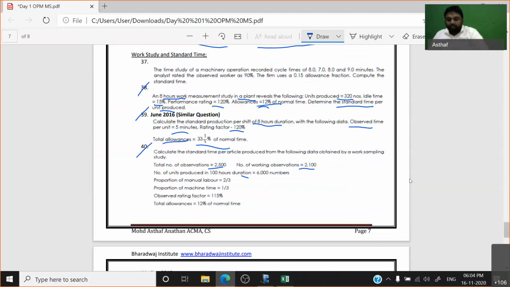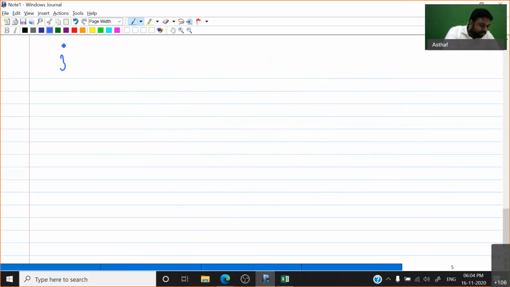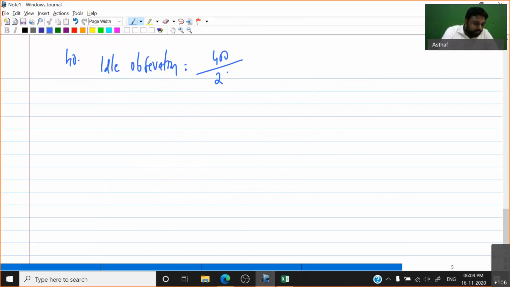First, what is the idle observation? The idle observation equals 400 out of 2500 into 100. What is the percentage? 16%.